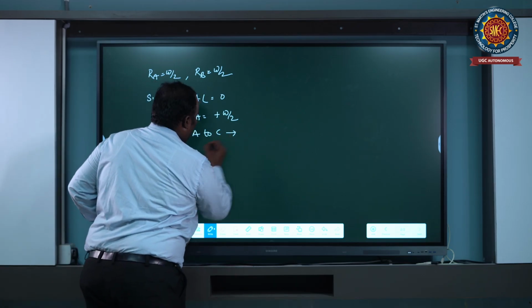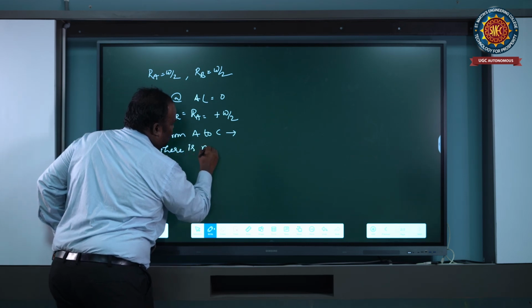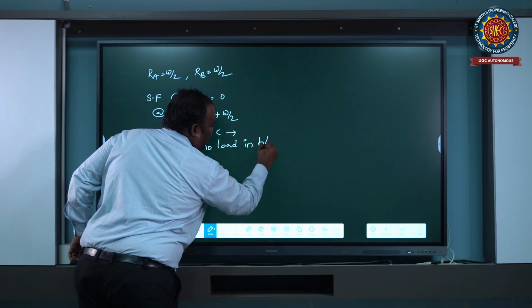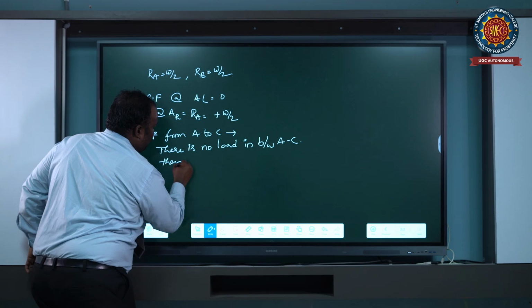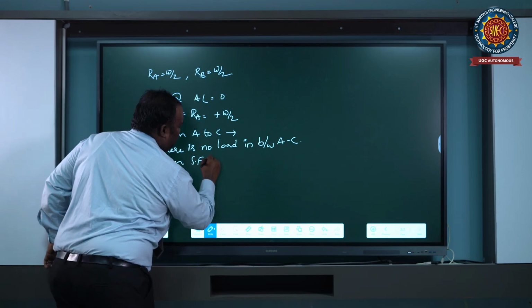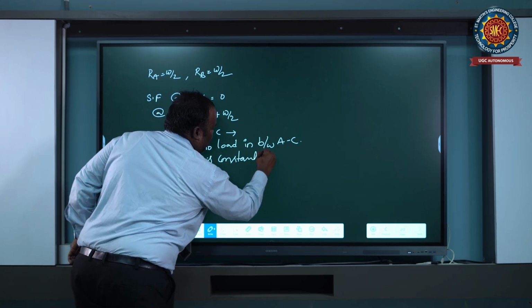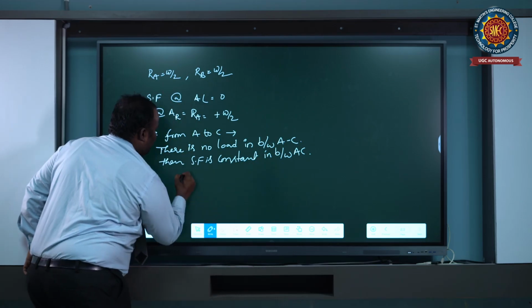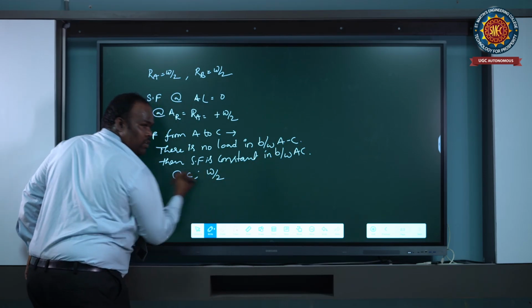There is no load in between A to C, so shear force is constant between AC. Therefore, shear force at point C is W by 2.